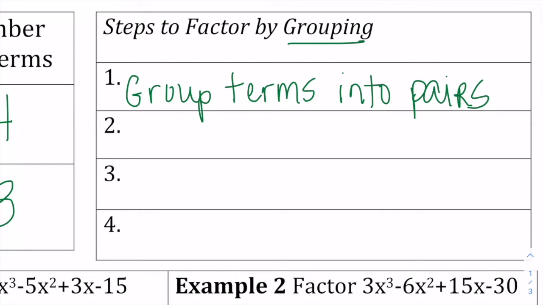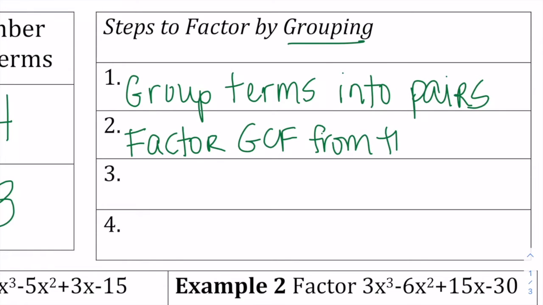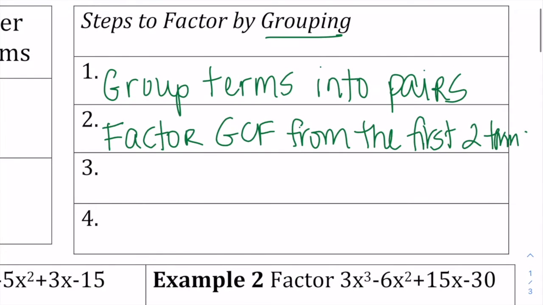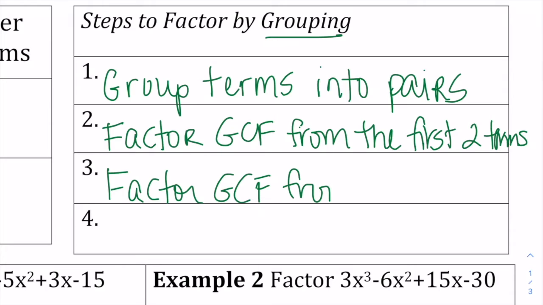So we're going to first look at the 2 first terms, and we're going to factor the GCF from the binomial. And those are going to be the first 2 terms. And then we're going to factor the GCF from the last 2.